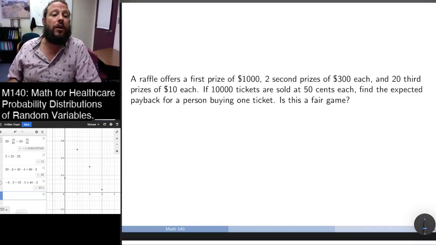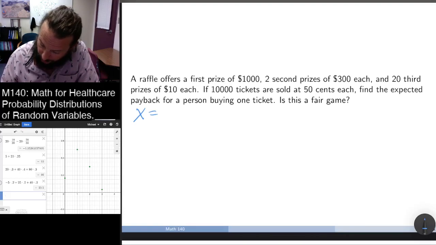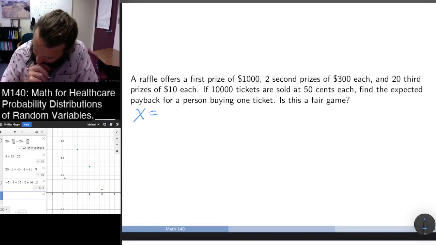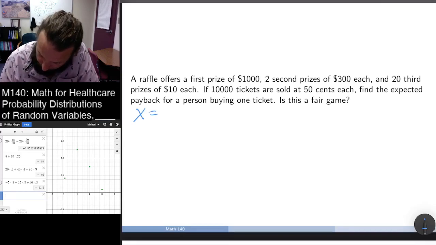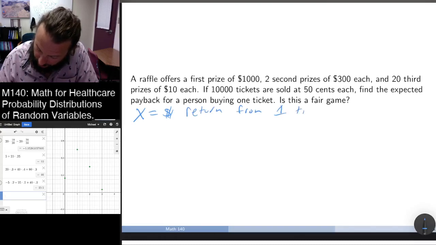All right, so the raffle offers prizes. Let's define our random variable. Let X equal the dollars returned from one ticket.